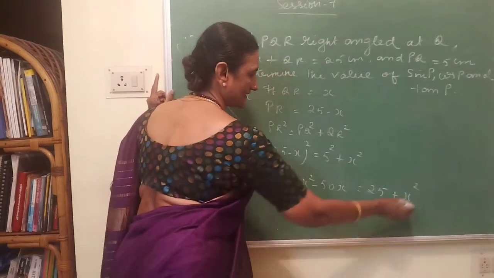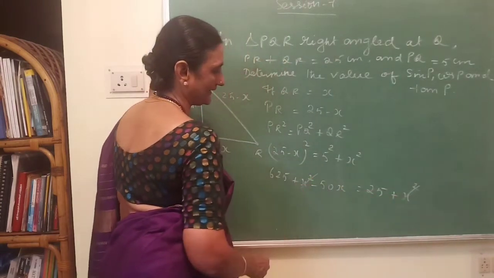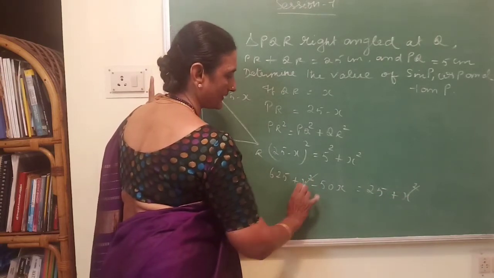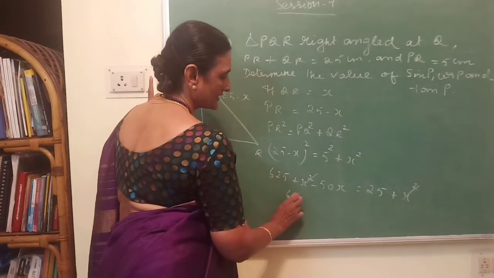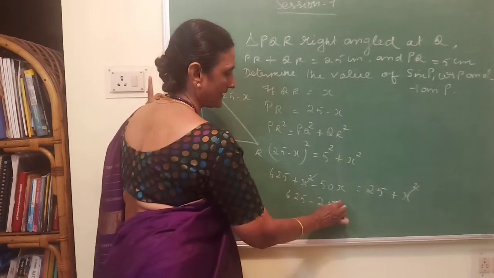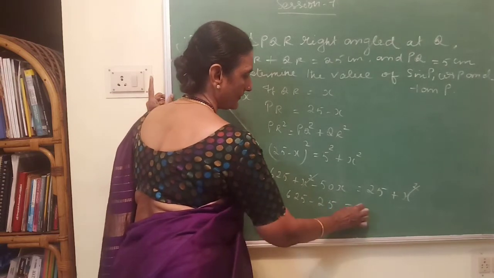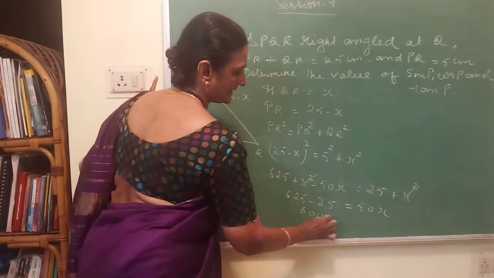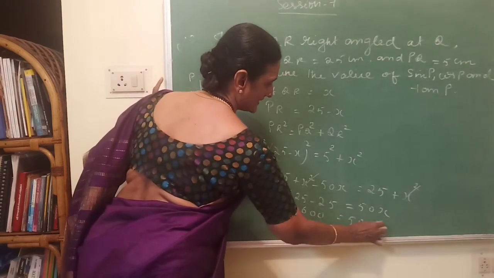Now we can cancel this x square and x square here. Now this minus 50x goes to the other side. So 625 minus 25 is giving you 50x. Therefore 600 is equal to 50x.